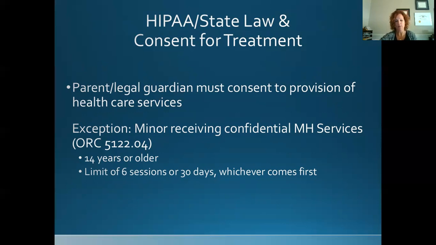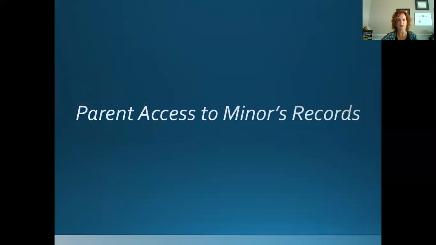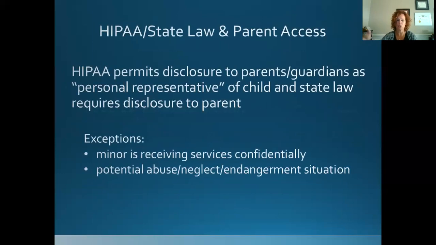But what is important to note here is that in terms of the parent's access to the records of a minor child, the disclosure can be made to parents or guardians as the personal representative of the child, and state law requires disclosure to the parent unless the child is receiving services confidentially, as I just discussed.